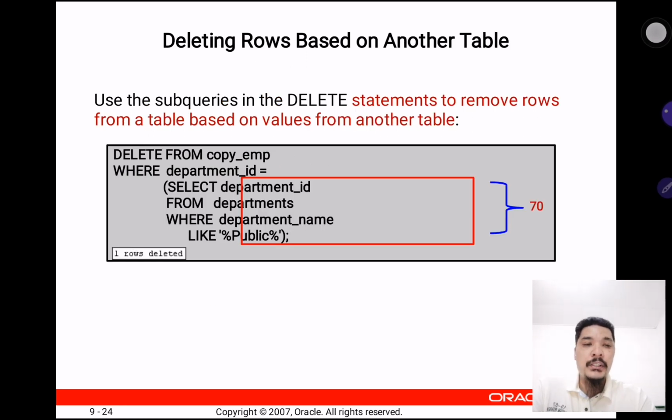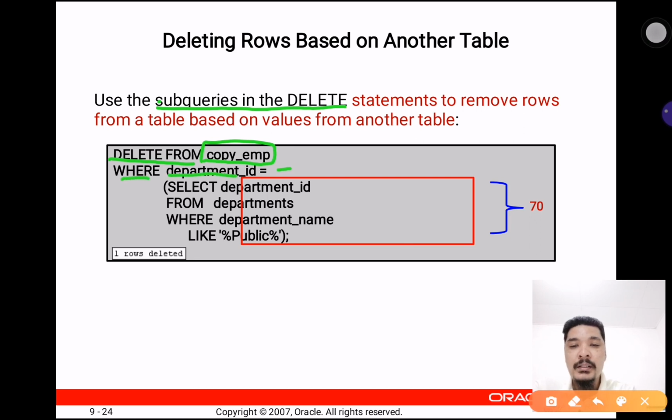Deleting rows based on another table. We can also delete rows based on another table using a subquery. Like the previous example, just put delete from copy EMP, the table name, where department ID is equal to, and we put a subquery here: select department ID from departments where department name is like 'public'.